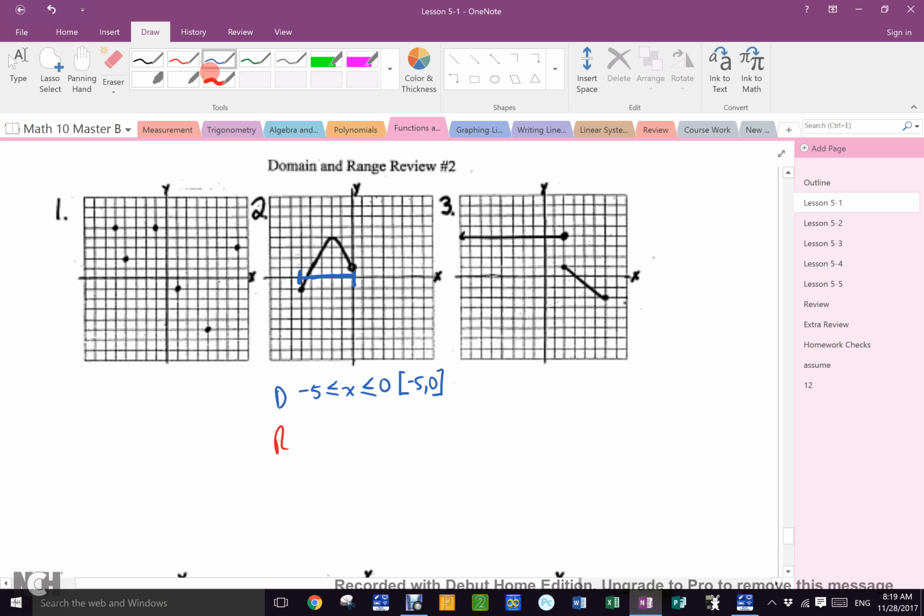Range I look at with red, usually. Range goes now on the y values. I go from the lowest y value I have to the highest y value I have. Now, a great many kids do this. They find the lowest, no problem. Right there.